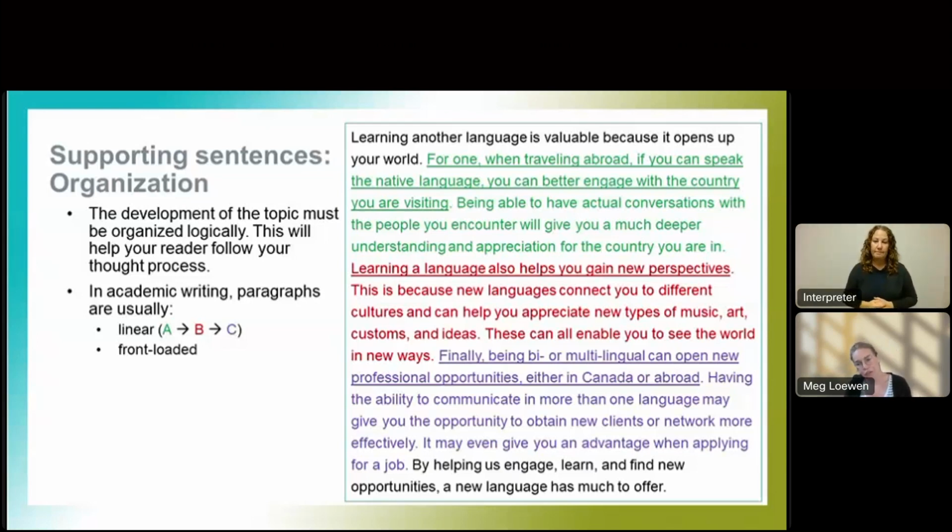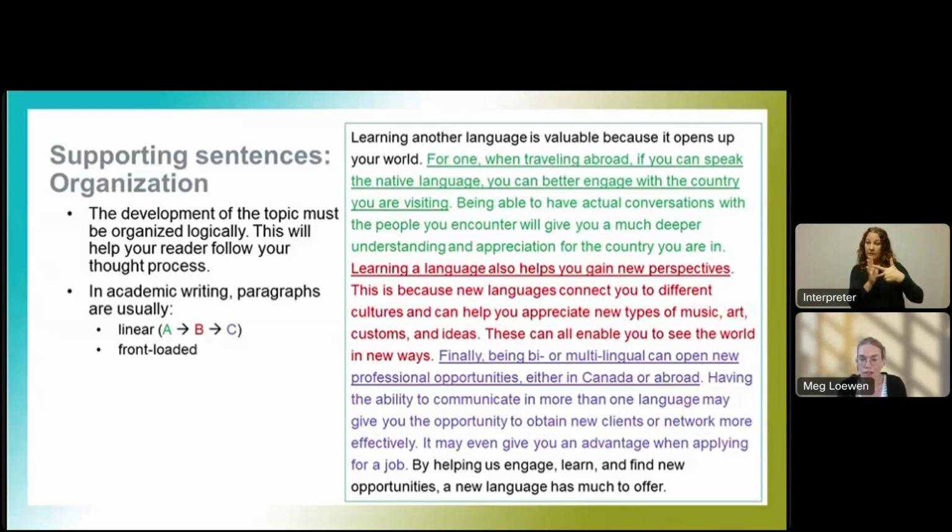You can also front-load your supporting sentences within a paragraph. So in each of these cases, my supporting points, the underlined text introduces each supporting point, and the text that follows it in the same color is the development of that supporting point, right? So in each of these cases, the main point is front-loaded.